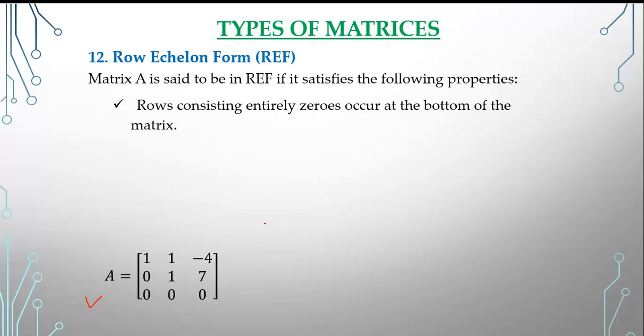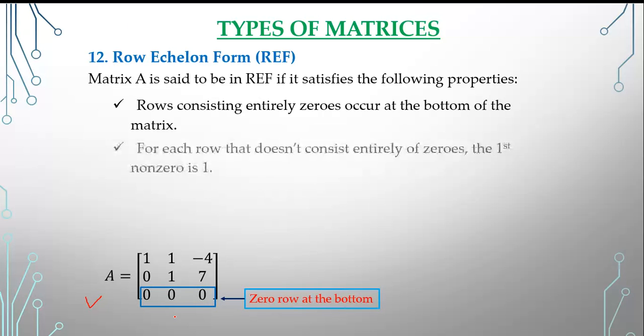First property: rows consisting entirely of zeros occur at the bottom of the matrix. Here you can see that this entire row has zero elements.